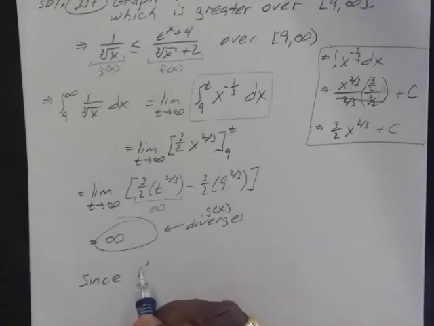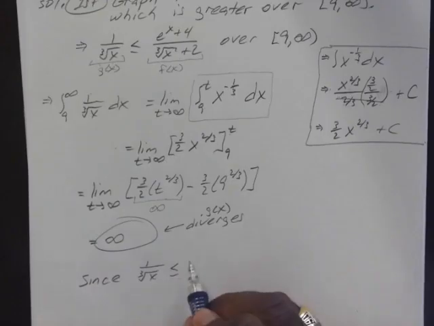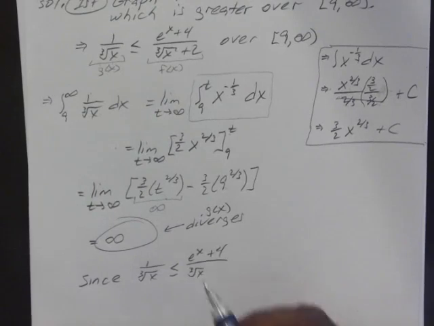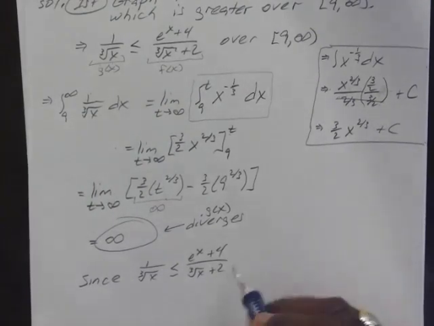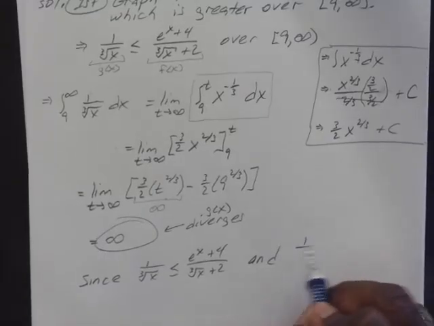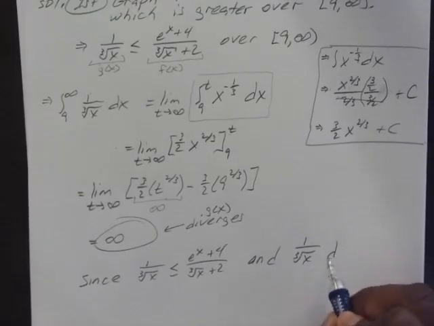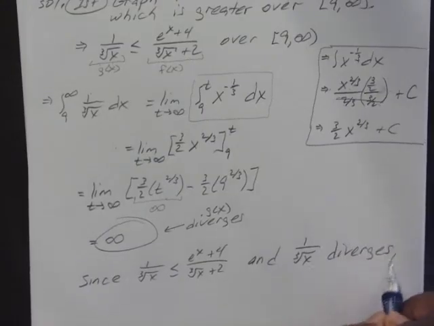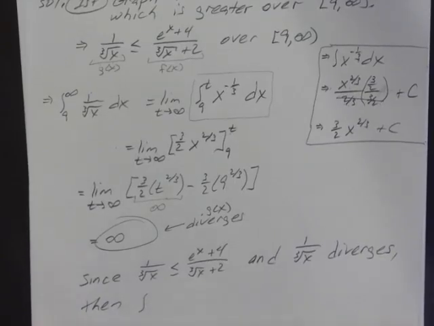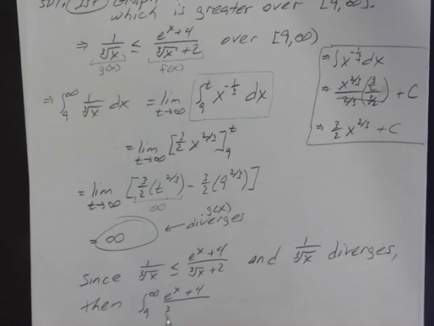So since 1 over the cube root of x is less than or equal to e to the power of x plus 4 over the cube root of x plus 2, and that 1 over the cube root of x diverges, then your f of x, or your integral from 9 to infinity of e to the power of x plus 4 over the cube root of x plus 2 also diverges.